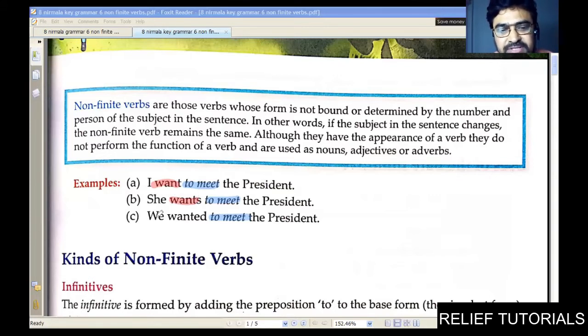And we is plural, the number is changed, so it will again go for want if it is present tense. But when the tense is changed to simple past, it is wanted. So a finite verb changes according to number, tense and person. But this non-finite verb does not get changed regardless of any other thing. So this is how it works really.